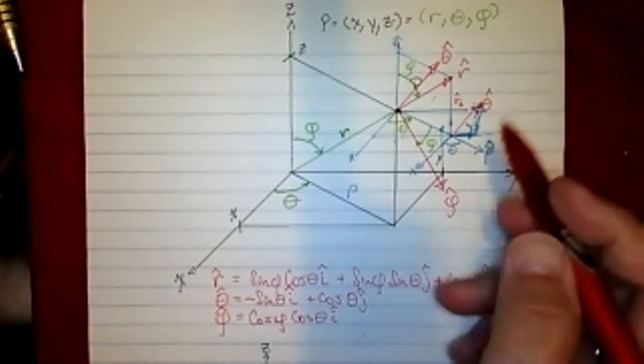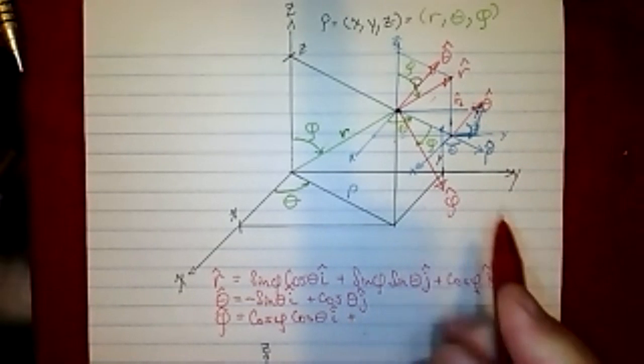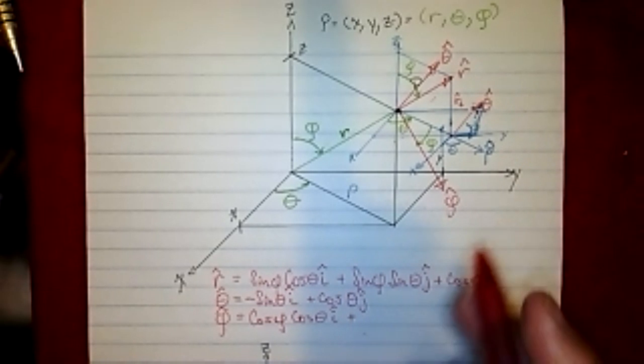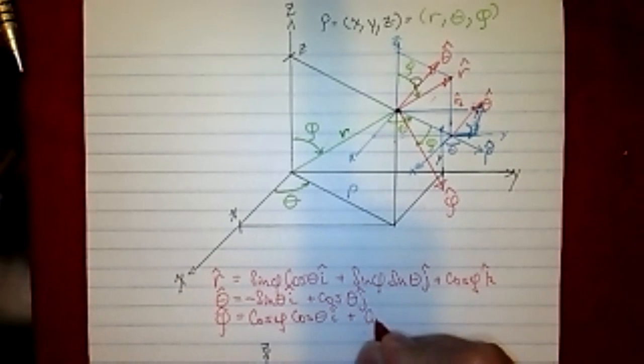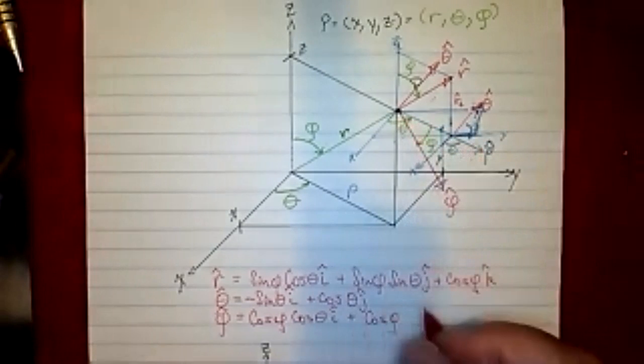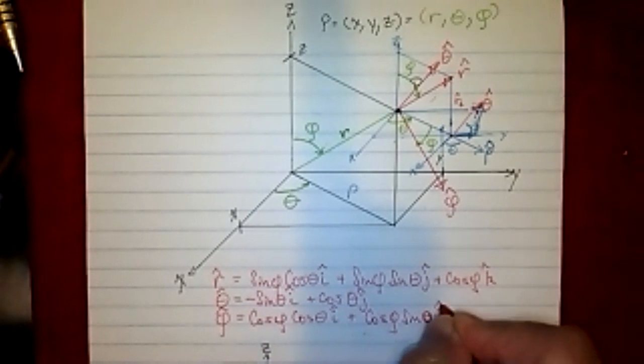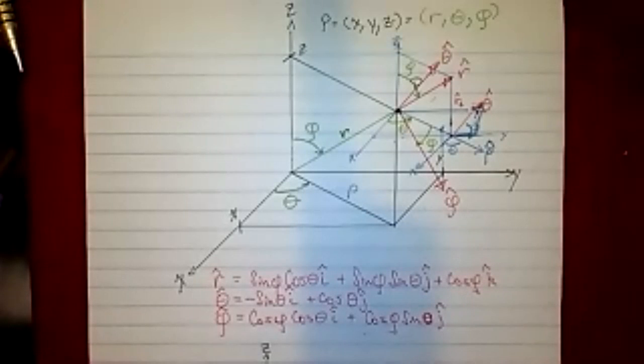Similarly, when I do the y component, I do, again, cosine phi. The y component of this does appear to be positive as well, so I don't have to mess with the sign. So I do cosine phi. But this time I got to take the sine of theta. So it'll be sine theta. And that'll be multiplied by j hat. So that gives me the x and y components.